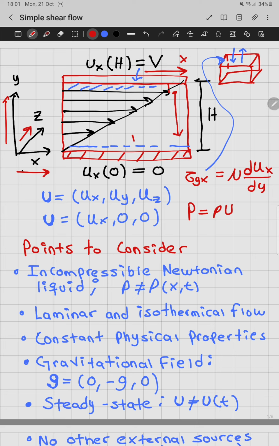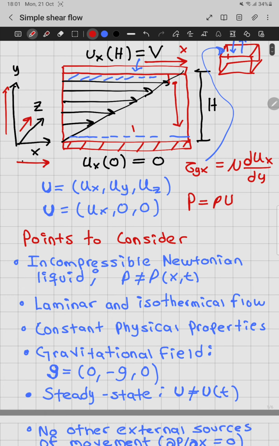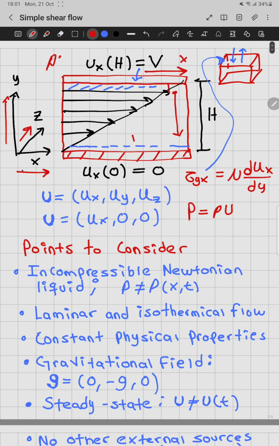So at the top plate we have a high concentration of momentum because we have a higher value velocity at the top. So this momentum is going to transfer from the top to the bottom.